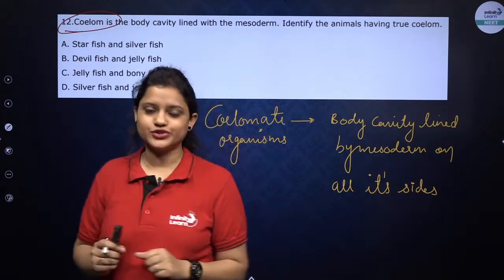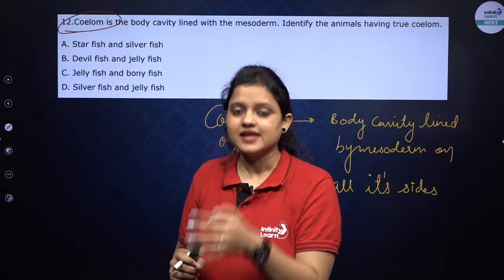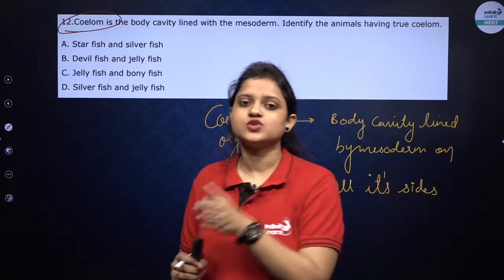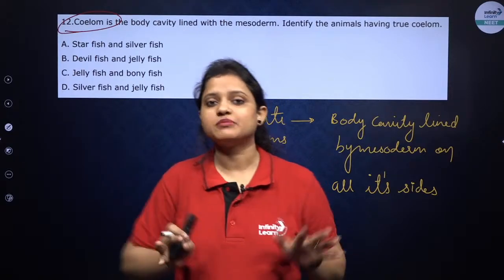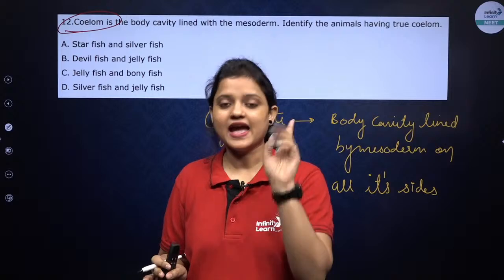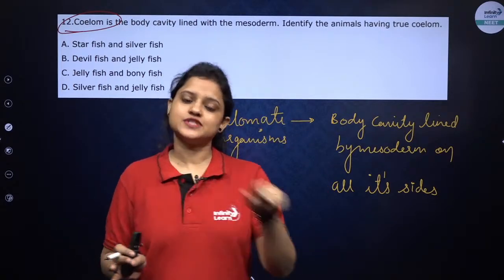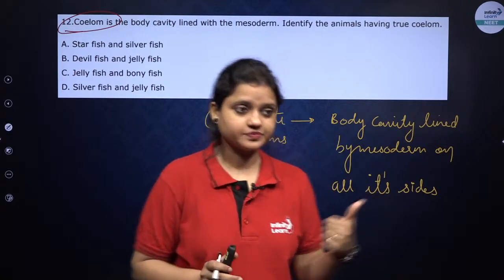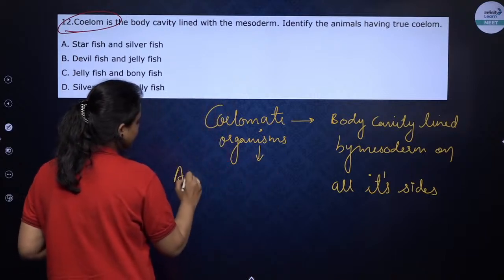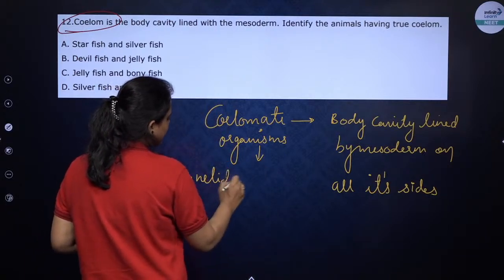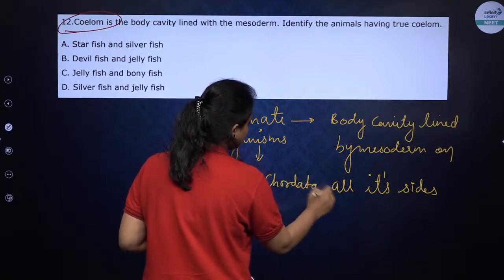One more point you should know, that Annelida, Arthropoda, Mollusca have a coelom known as schizocoelom, that is derived by splitting of the mesodermal cells. But Echinodermata, Hemichordata and Chordata have enterocoelom that is derived from the gut wall, isn't it? So coelomate organisms will be from Annelida to Chordata. Is it clear?